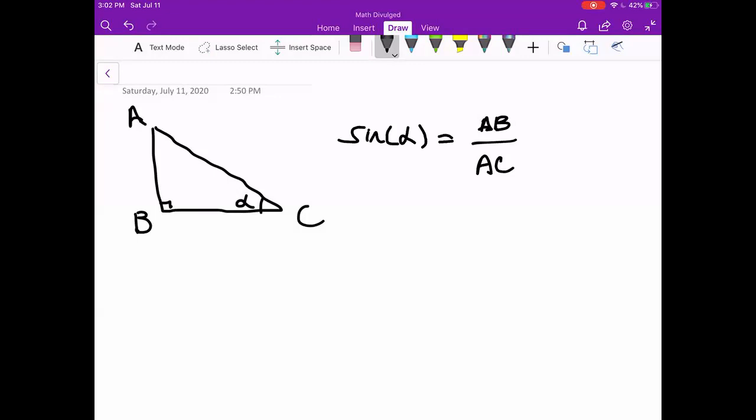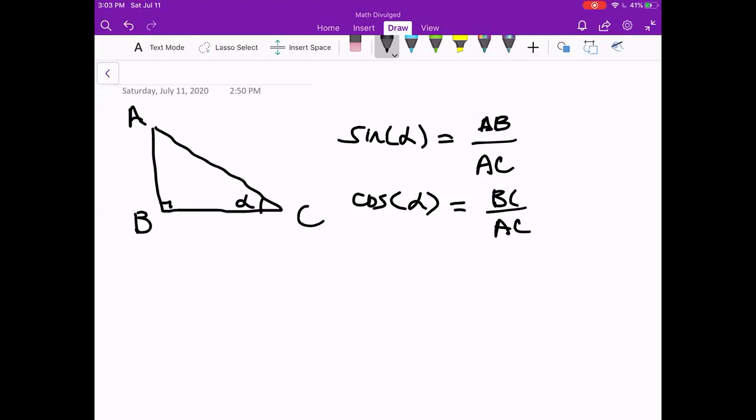And similarly, we have cosine, which is commonly written as cos. This value is equal to the side length that is adjacent to the angle alpha, but not the hypotenuse. So that would be BC. And once again, we divide that by the hypotenuse AC.